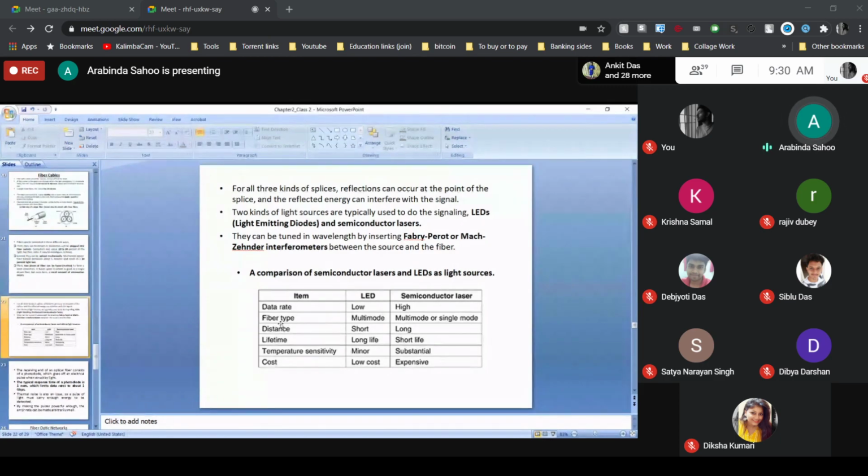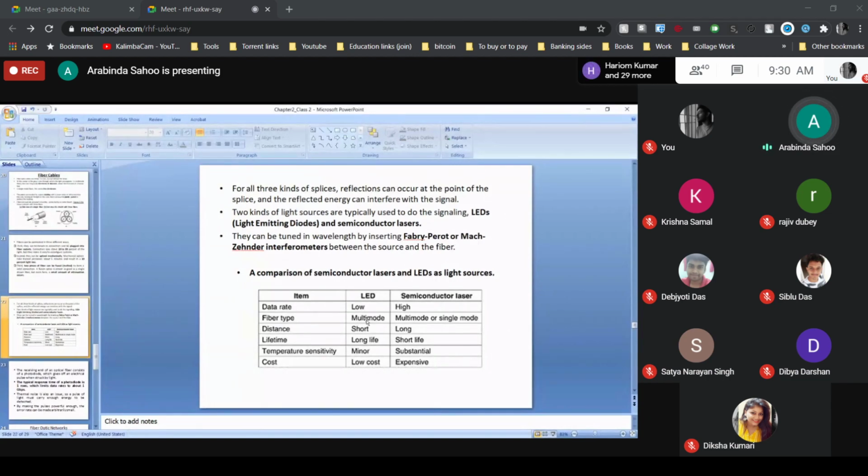Number two, compare the fiber type: which type of fiber can be used for LED and semiconductor laser. LED can be used only in multi-mode fiber, not in single mode fiber.